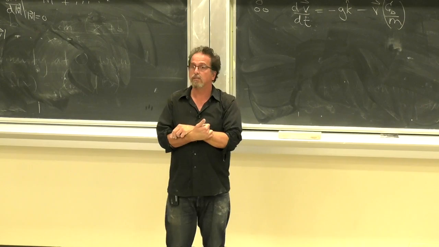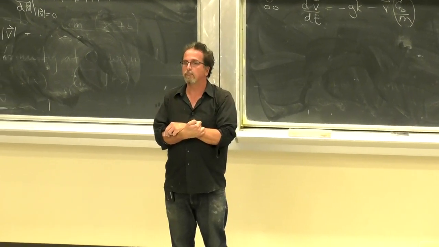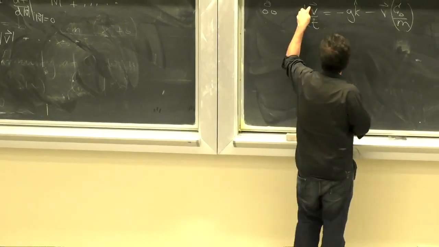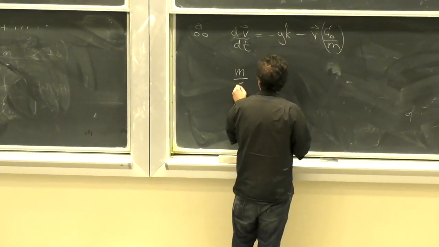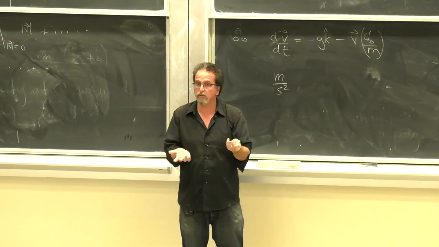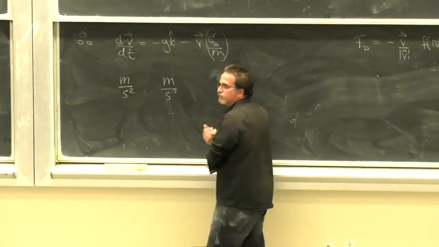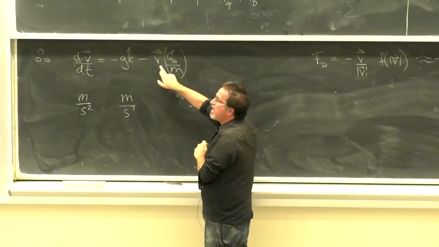Velocity is meters per second, so the acceleration is meters per second squared, right? That's meters per second per second. G has units meters per second squared. V has units of meters per second.